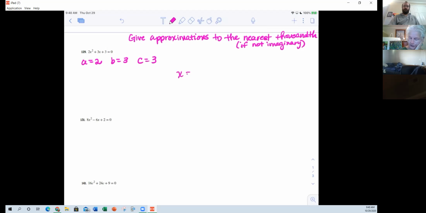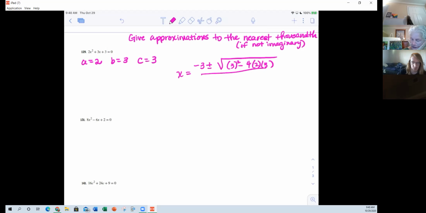So X equals opposite B plus or minus the square root of B squared minus 4AC, and this one is going to come out to be imaginary, all of that over 2A. And I could tell this is going to be imaginary because I know that 9 minus 24 is a negative number. But let's go ahead and finish this one out.